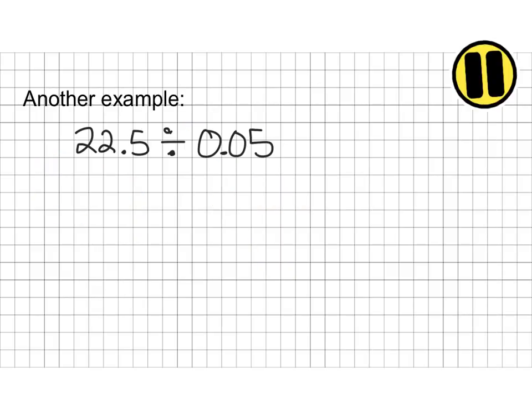Okay, now we're going to do 22 and 5/10 divided by 5/100. So go ahead and set this up as long division and then follow your steps, making sure to move that decimal so that you end up with a whole number that you're dividing by.